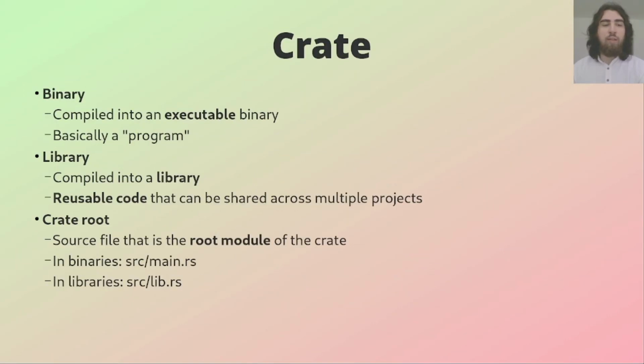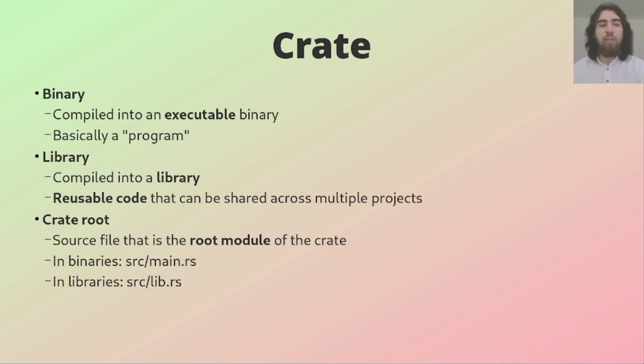What is a crate? A crate can be of two types. Either it's a binary crate, and that means the program is compiled into an executable binary. It's basically a program you can run. And binary crates always have the main function in it.